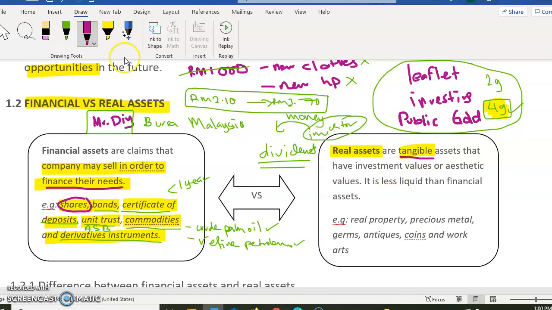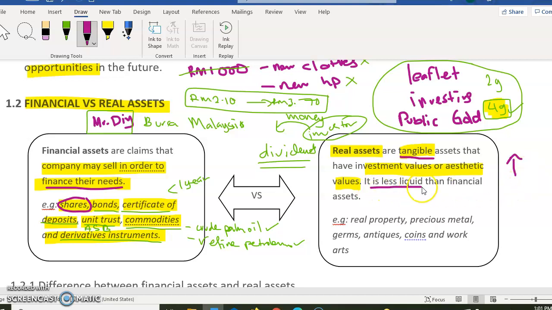Those assets normally have some kind of investment value or aesthetic value. So it is a kind of mempunyai nilai-nilai yang tertentu dan boleh dijual. Dan normally those kind of value akan increase. Okay. So dia punya value akan increase or appreciate throughout the time lah.